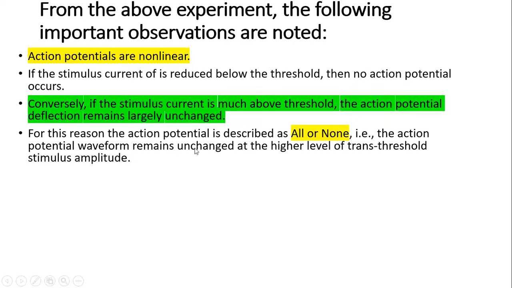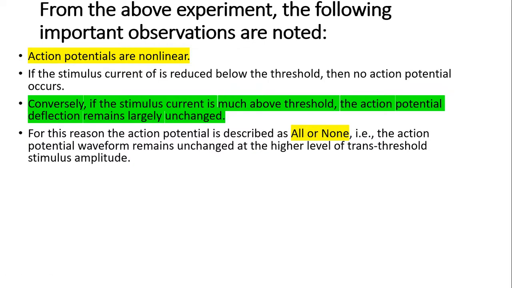For this reason, the action potential is also called all or none. All or none means either there is an action potential or there is no action potential. An action potential occurs when the amount is above the threshold, and none when it is below the threshold. The action potential waveform remains unchanged at higher threshold stimulus amplitudes.